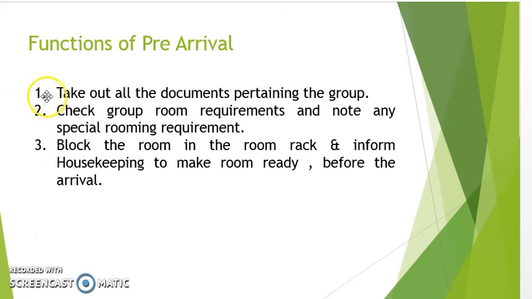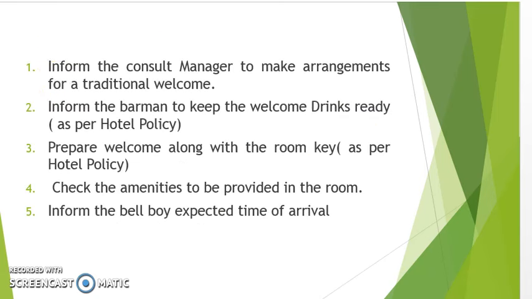Now, what are the functions of pre-arrival? What is the front office staff doing just before the arrival of the guest? Take out all the documents pertaining to the group. If any group is arriving, this is needed. Check group room requirements and note any special rooming requirement. Block the room in the room rack and inform housekeeping to make the room ready before the arrival.